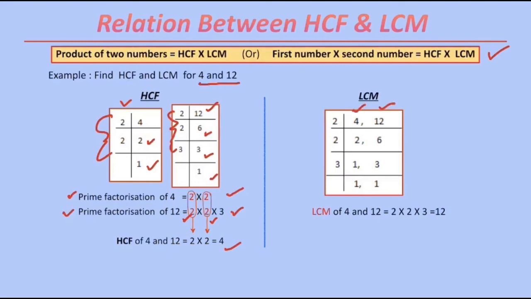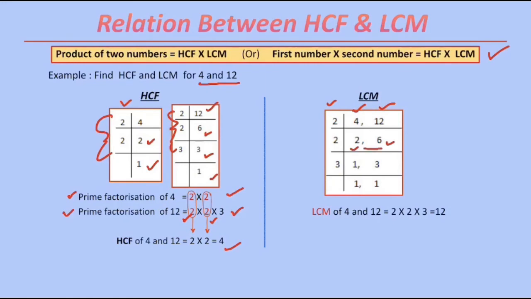Now we will find the LCM for the same numbers 4 and 12. These two numbers are divisible by 2. According to the rule, for finding the LCM by prime factorization or common division method, we need to start dividing the numbers by the smallest prime number. So 4 and 12 we will divide with 2. 4 by 2 gives 2, 12 by 2 gives 6.